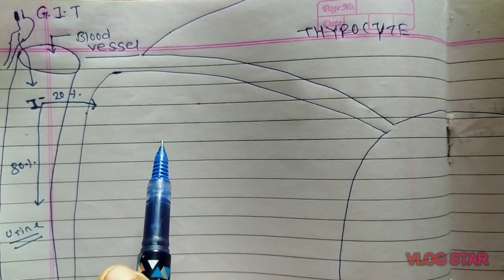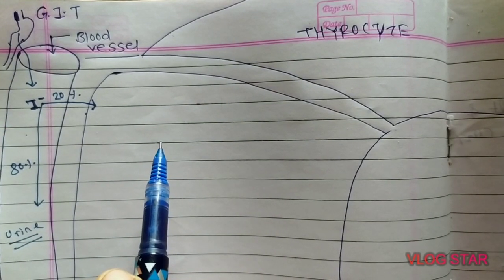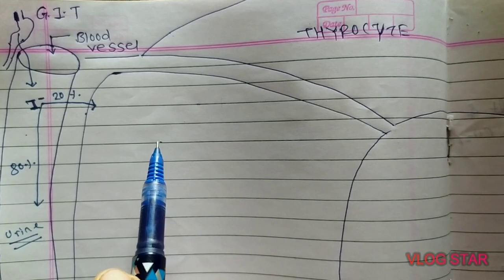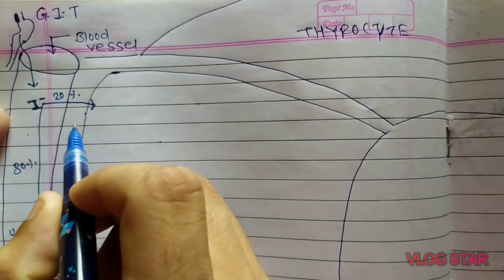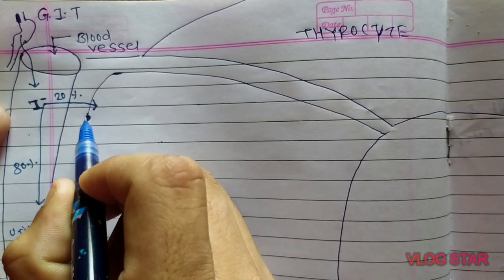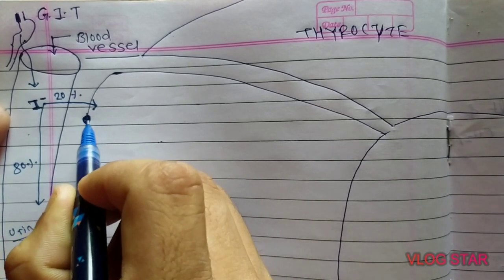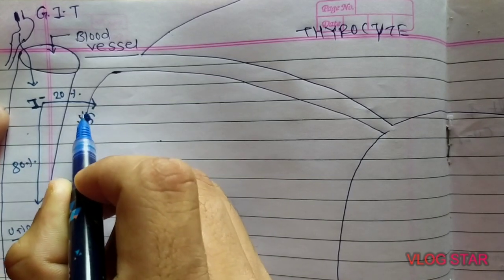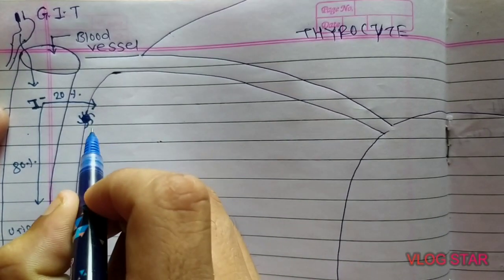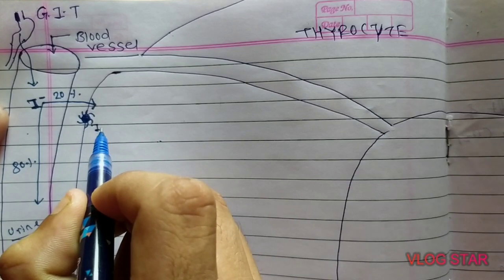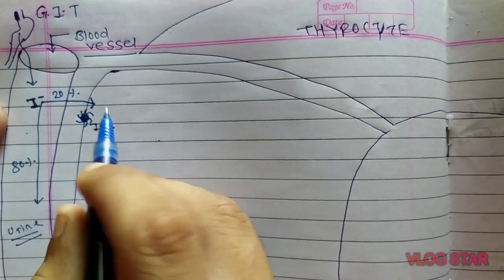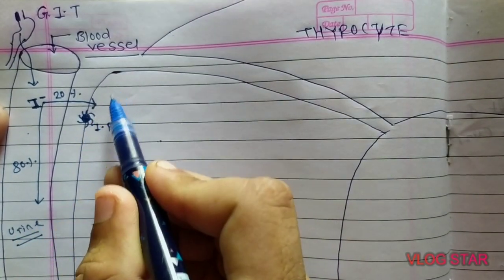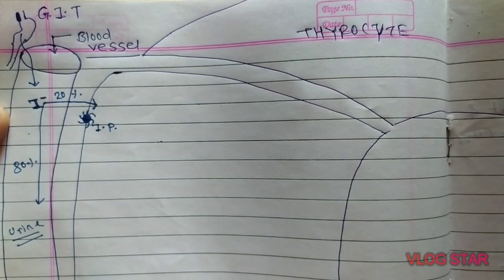There is a presence of some special mechanism before that. This is a pump, known as the iodide pump. These iodide pumps are present on the basement membrane of the thyrocyte cell.